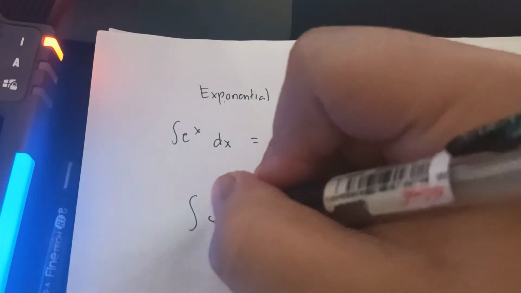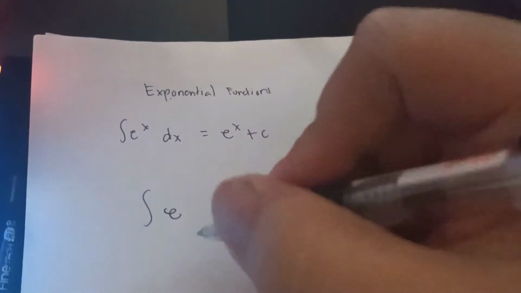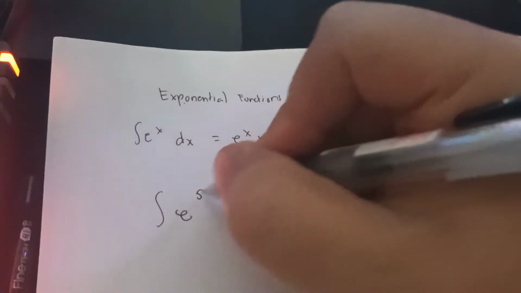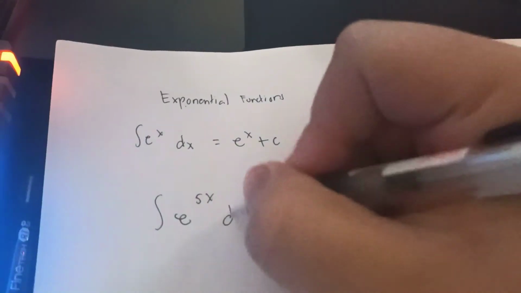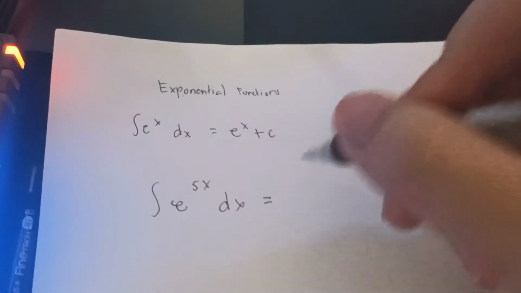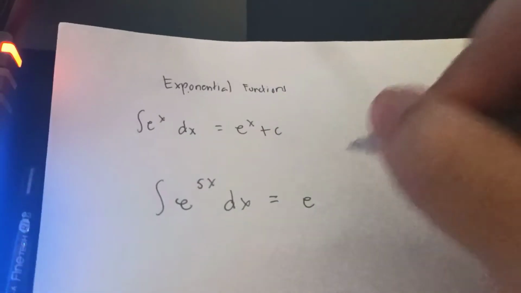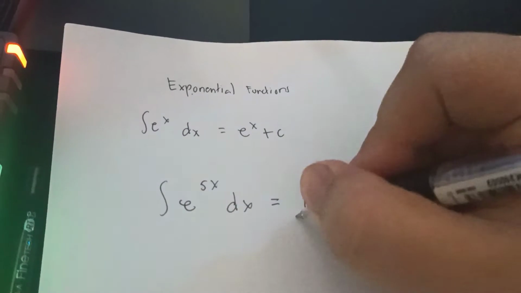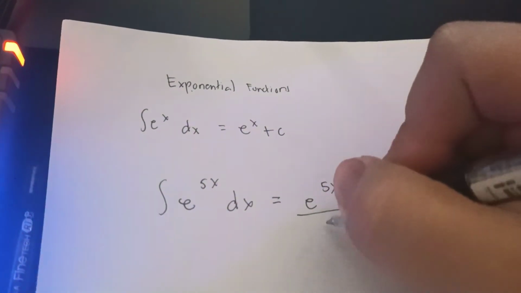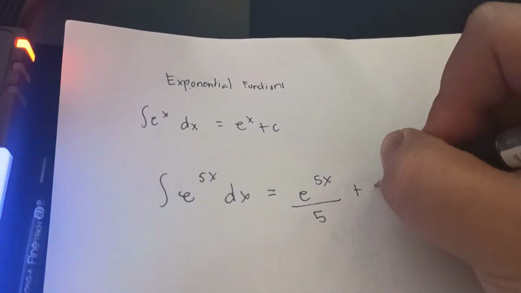And then I'm going to add another example, which is e to the 5x dx. Our answer here is just to copy e to the 5x, and then the derivative of 5x, which is 5 here, plus an arbitrary constant.